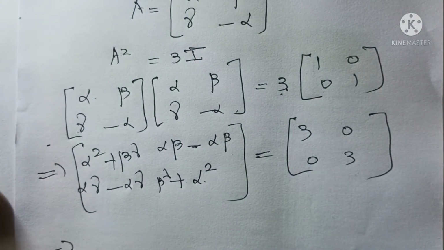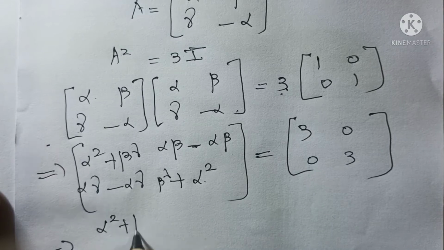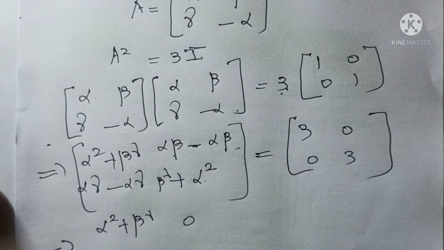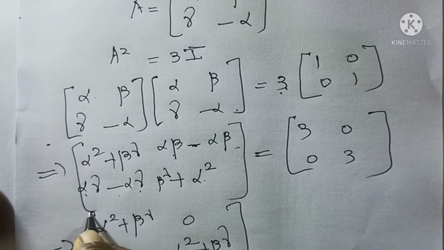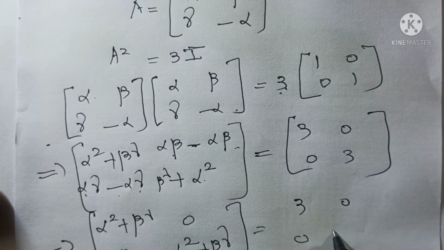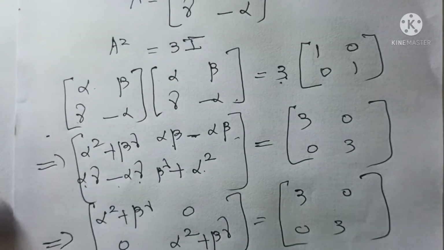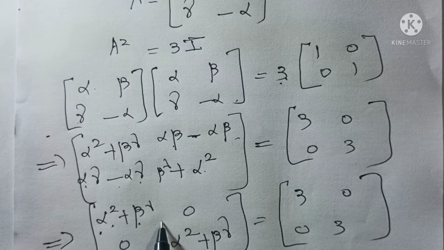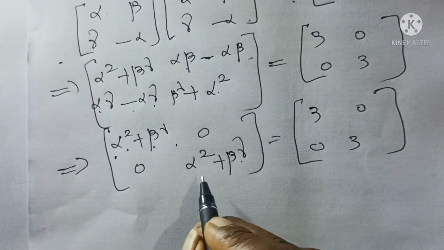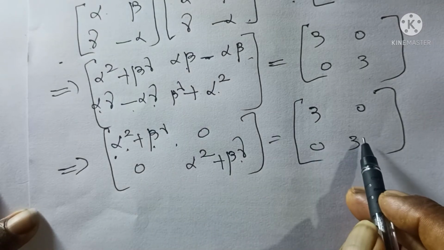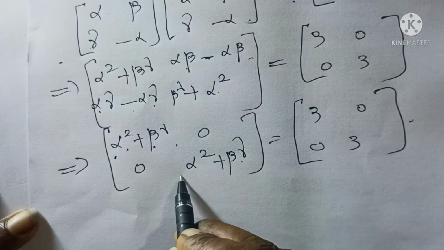This implies alpha square plus beta gamma, here 0, here alpha gamma minus alpha gamma is 0, here alpha square plus beta gamma, which is equal to [3 0; 0 3]. So here also alpha square plus beta gamma, and here also alpha square plus beta gamma. So you can equate the corresponding terms. Here also a 2 by 2 matrix, here also a 2 by 2 matrix.